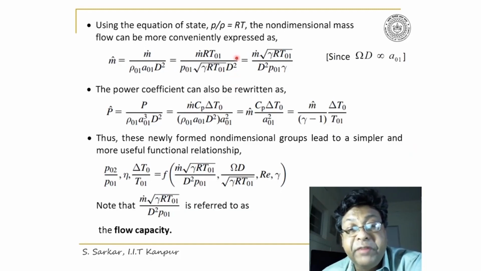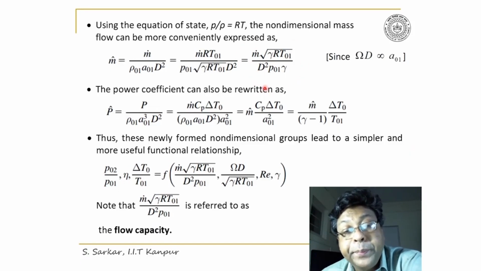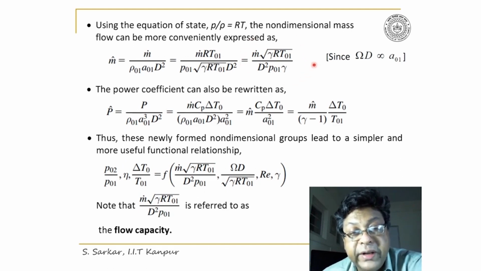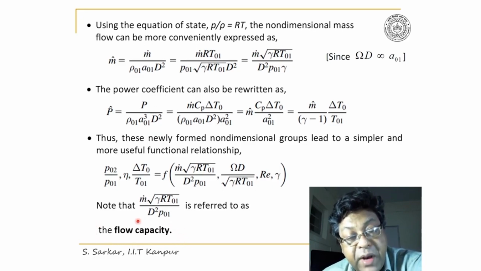Now let's simplify further. Then it will become m dot root over gamma R T01 divided by d square P01 into gamma. So this is the non-dimensional mass flow rate m tilde, and it is referred to as flow capacity. So flow capacity of the machine is m tilde.